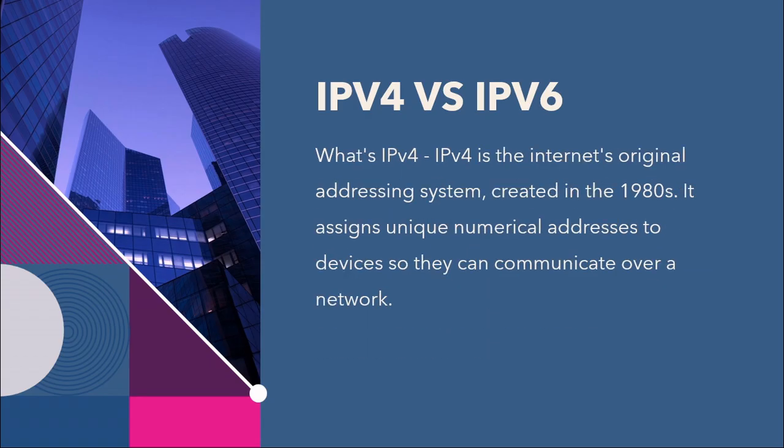Like I said earlier, we have IPv4 addresses. IPv4 addresses are made up of 32 bits, which is divided into four parts. Each part comprises 8 bits, and these four different parts are separated by a dot.